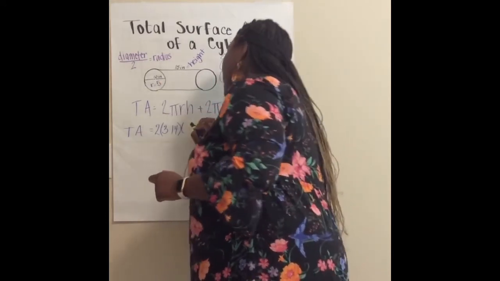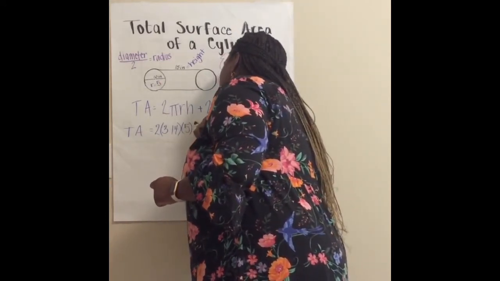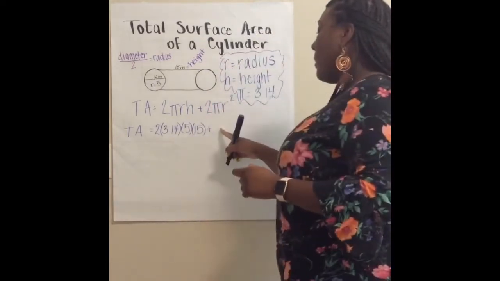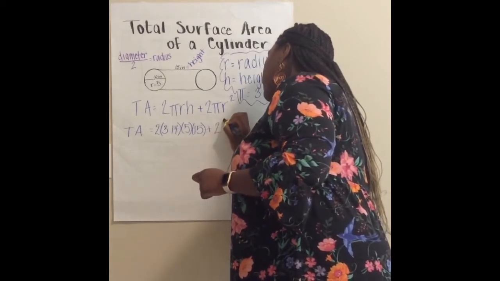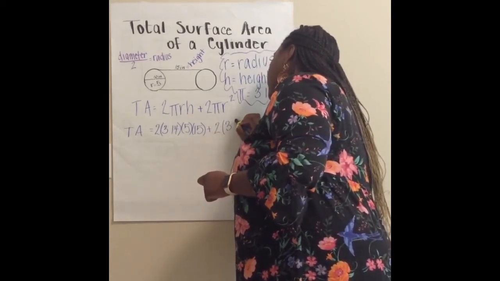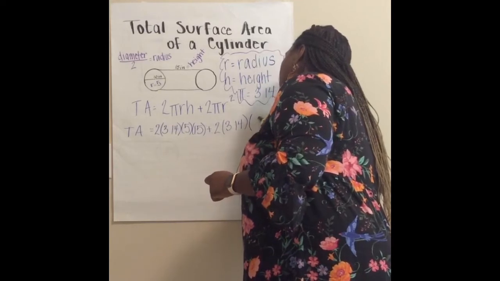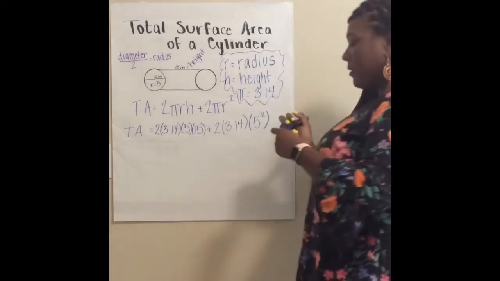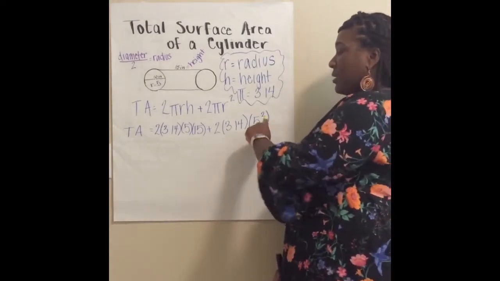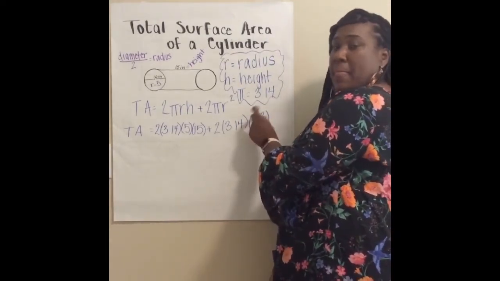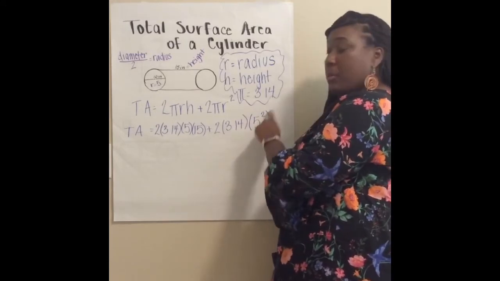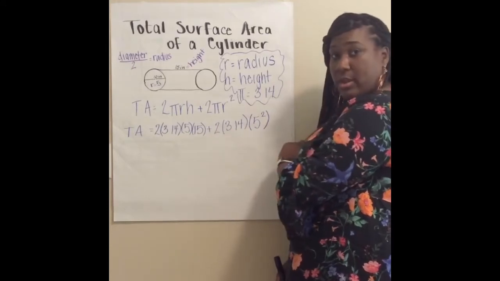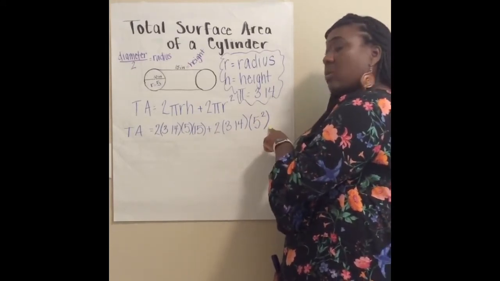Our radius is 5. So we bring our plus. We have our 2, we have pi again, and we have our radius 5, but it's squared. Guys, do you see how I put this squared on the inside of the parentheses? It has to go on the inside, because if you put it on the outside, then you're telling your calculator that you wanted to square the whole thing. You don't. You only wanted to square your 5.